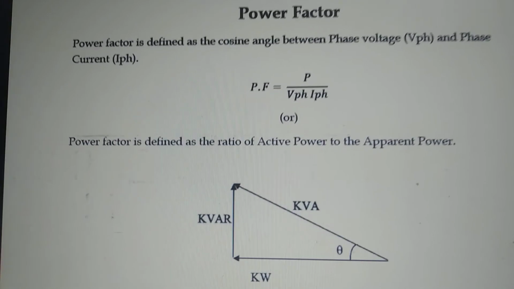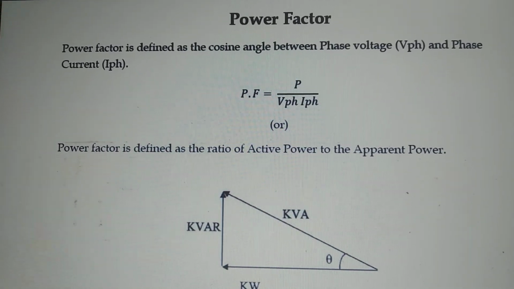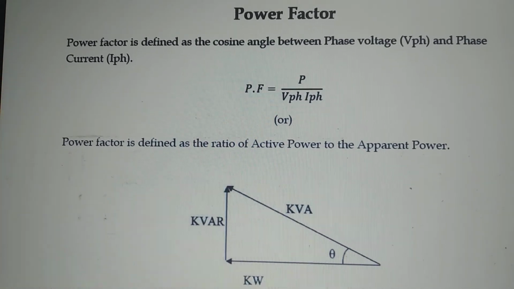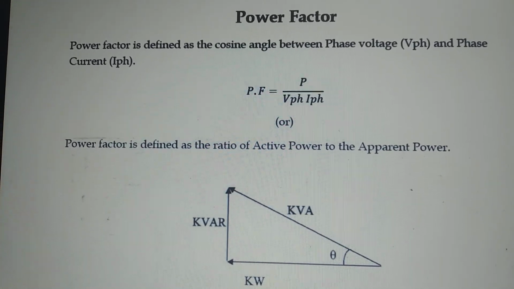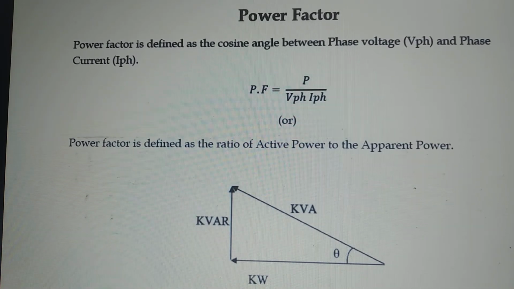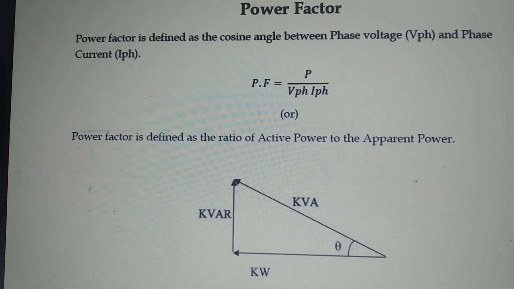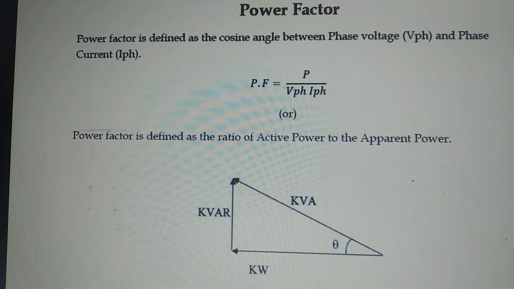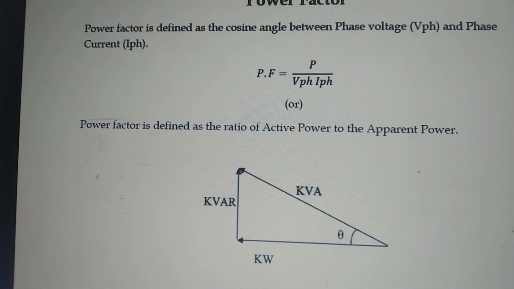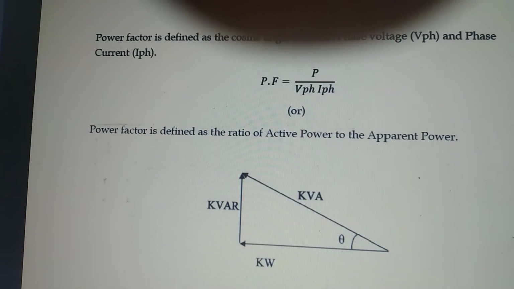The power factor is defined as the cosine of the angle between phase voltage and phase current. That is given as PF equal to P upon V phase I phase. And this power factor can be defined in other words in terms of powers.